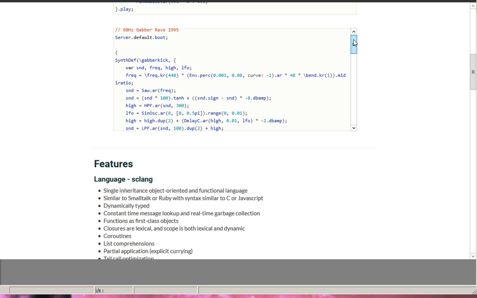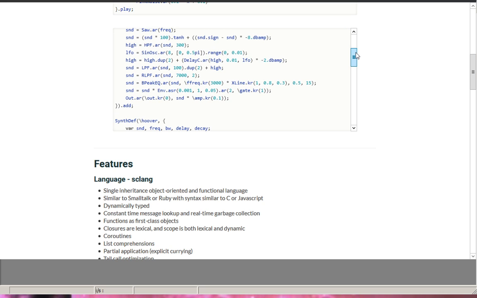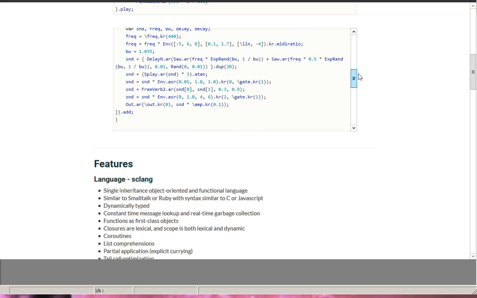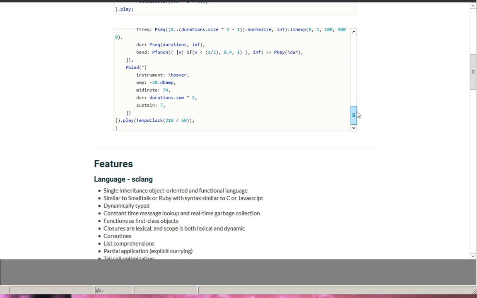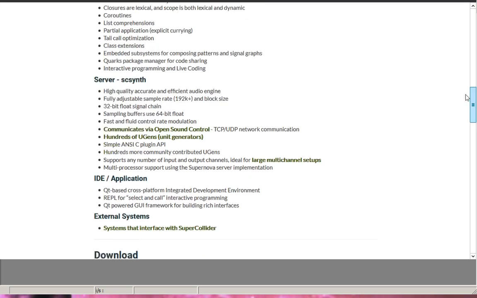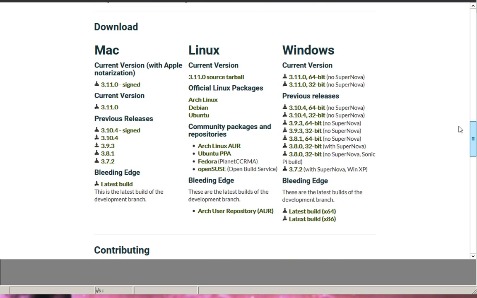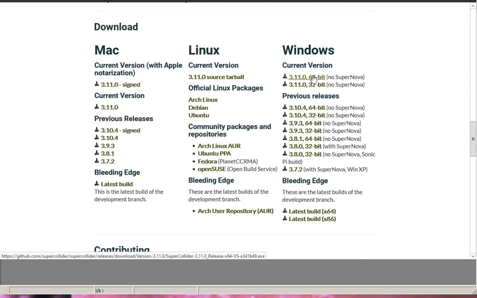HPF, that's a high pass filter. FreeVerb, gate, what the hell? This is just an example, isn't it? Windows, current version, contributing.